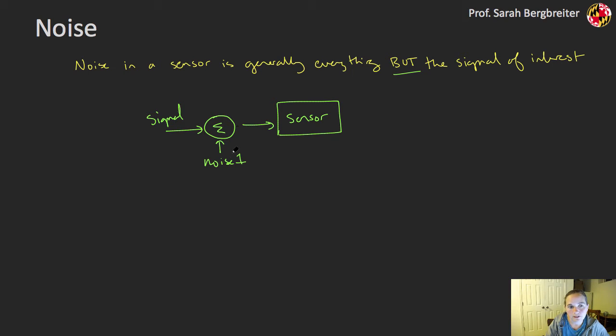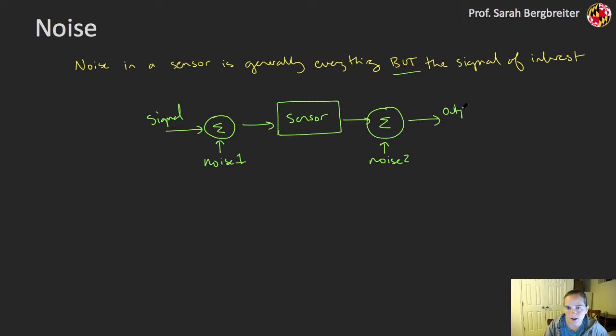And so the signal plus this noise from here goes into the sensor, and then coming out of the sensor, so maybe the sensor is converting a light to a voltage or an acceleration to a capacitance. After that, I can have even more noise coupled in to my signal, and that's even before it goes to any kind of signal conditioning circuitry that I might have.